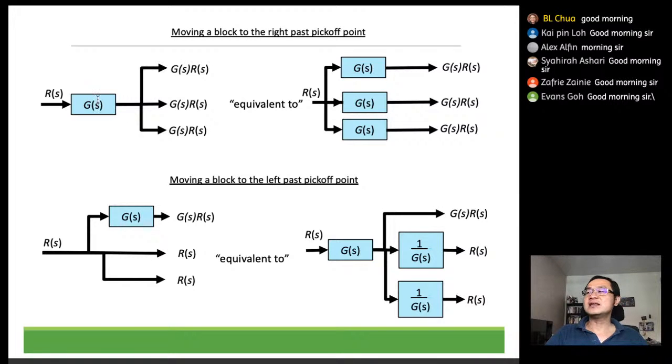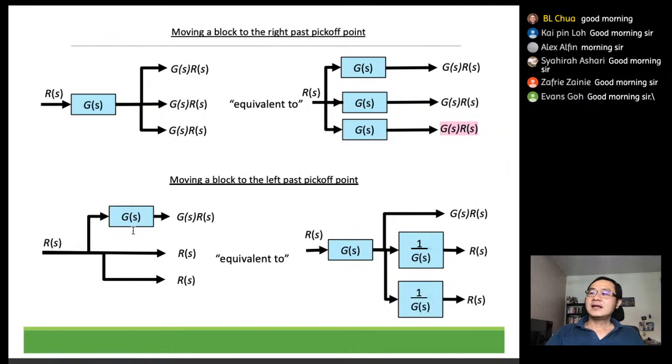So if we intend to put it on the branches, not on this main pipeline, we just have to add it to every single branch. So the output of the signal at every single branch would be equal to GR.